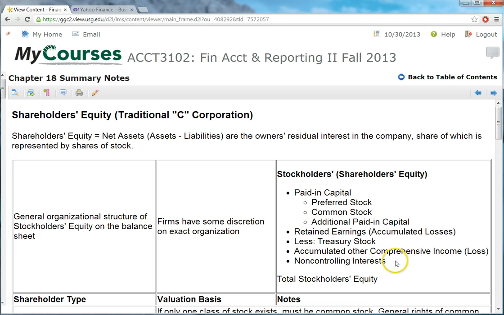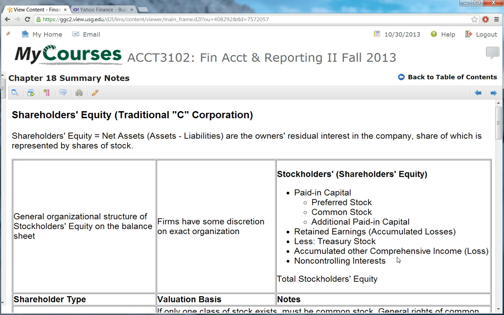And then we've seen a variety of examples of accumulated other comprehensive income. The ones that we've seen most recently relate specifically to pension plans. We can have accumulated other comprehensive income or losses, AOCI accounts, as it relates to pension accounts.